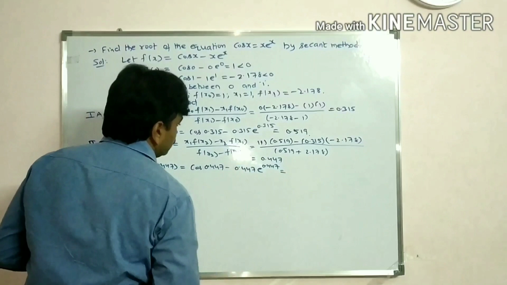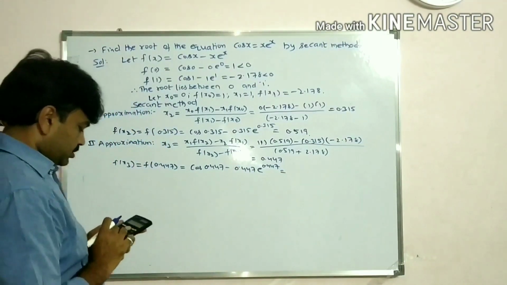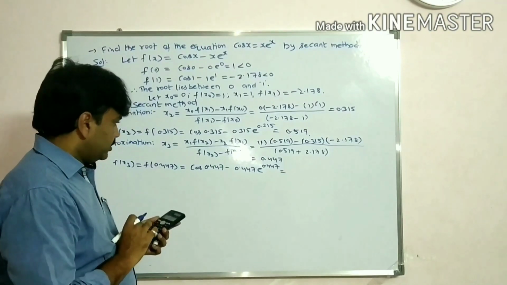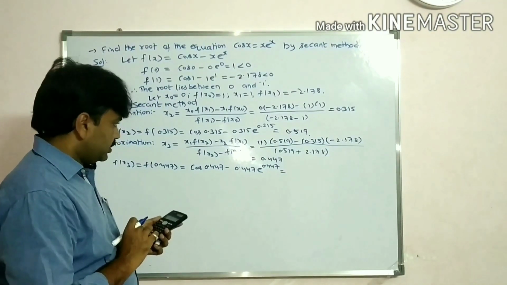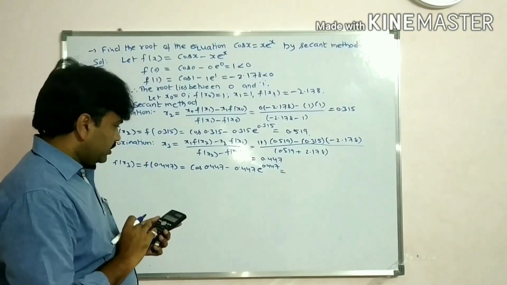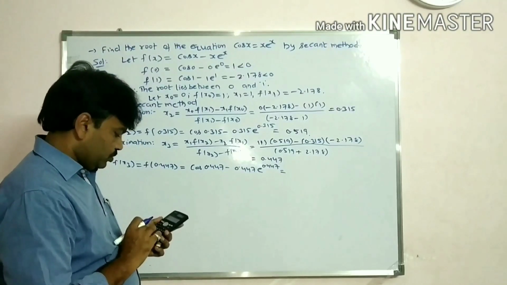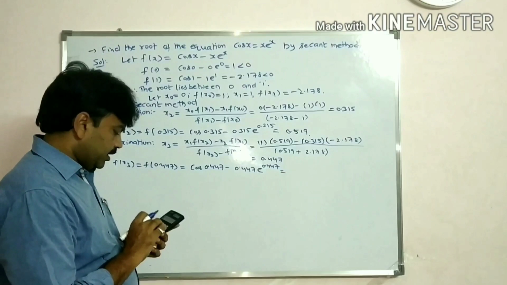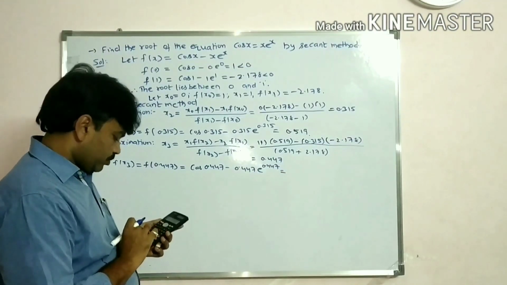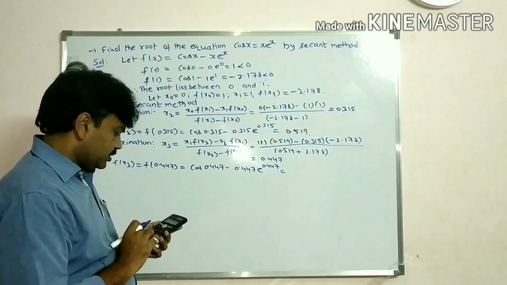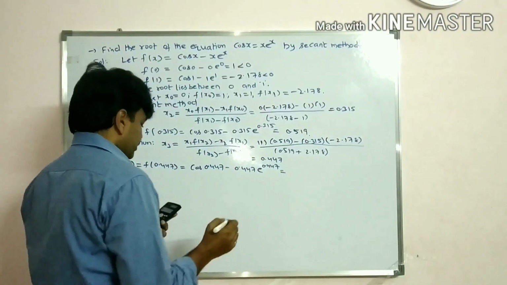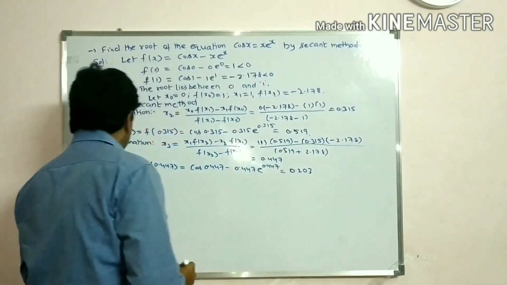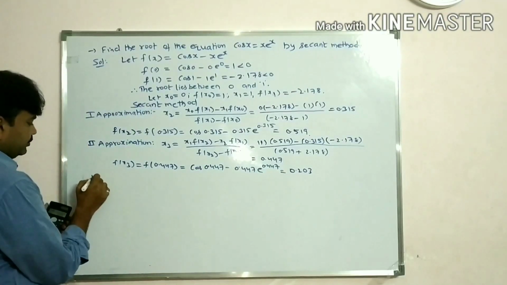That is equal to cos 0.447 minus 0.447 into shift ln, we get e^0.447, that is equal to, we get 0.203, students.